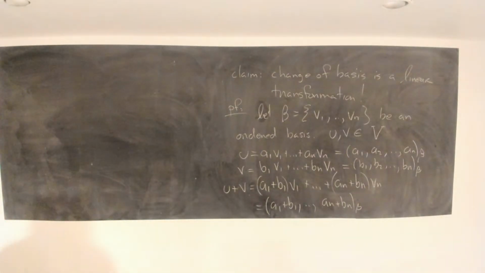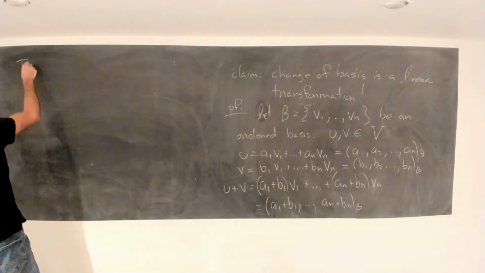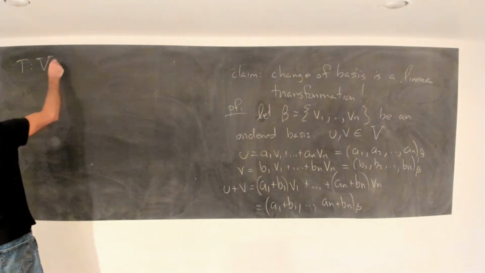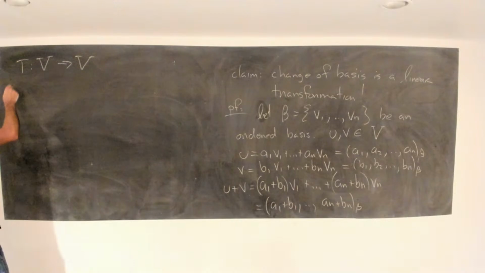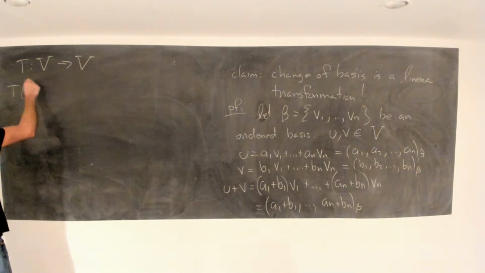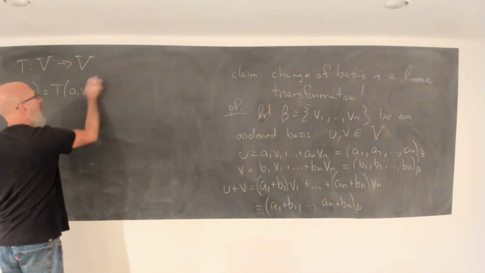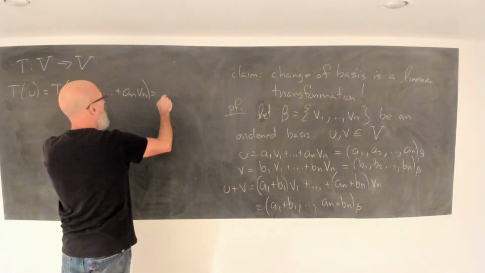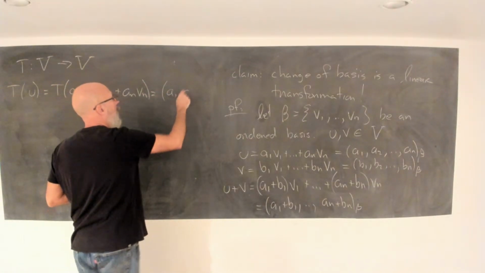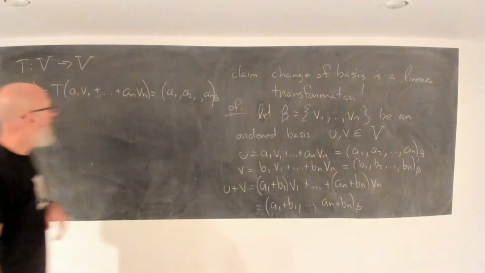But it's exactly the same thing. Right? I mean, maybe I should make it clear here. Here you're taking a linear transformation from a vector space V to a vector space V, where T of u, which is T of a1 v1 plus and so on, is really the vector a1, a2, and so on.